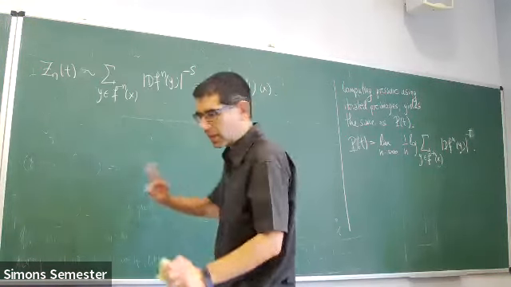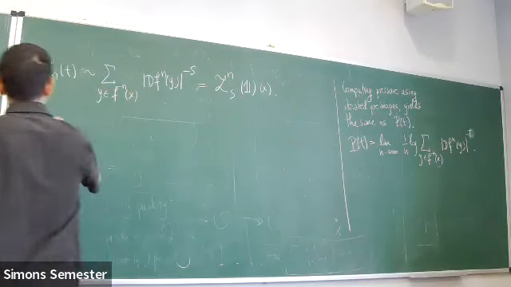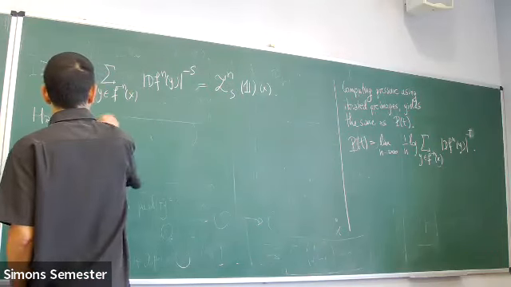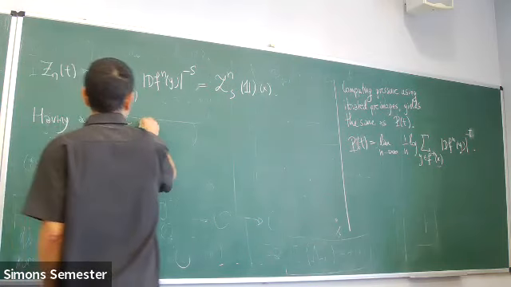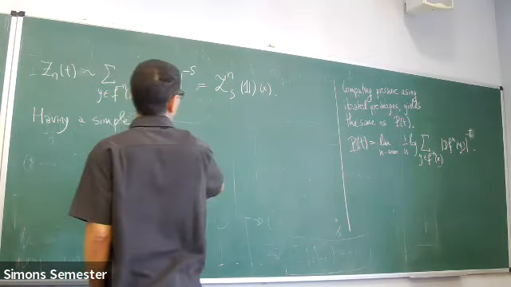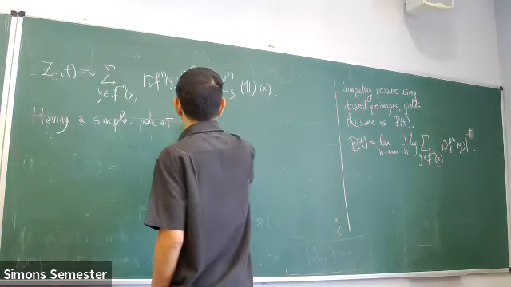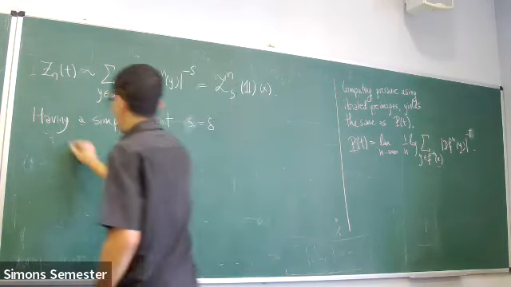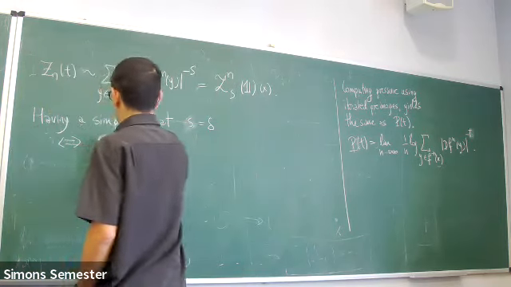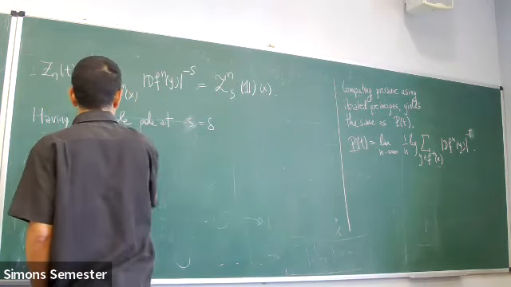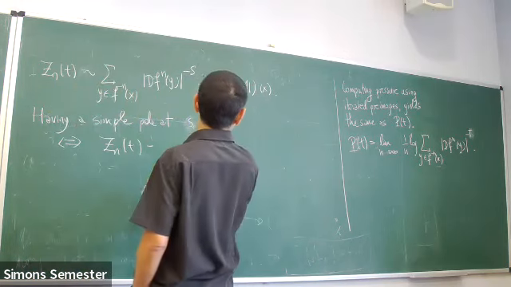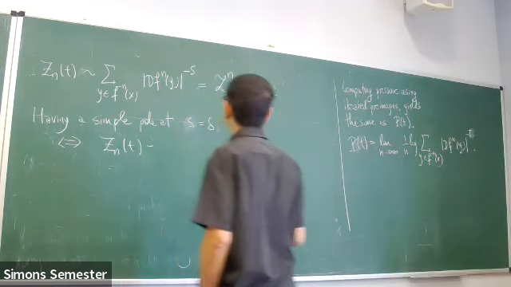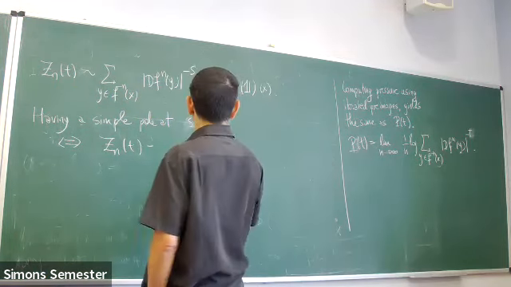Let me just say that having a simple pole at s equal to delta is equivalent to showing that this grows exponentially like the pressure.